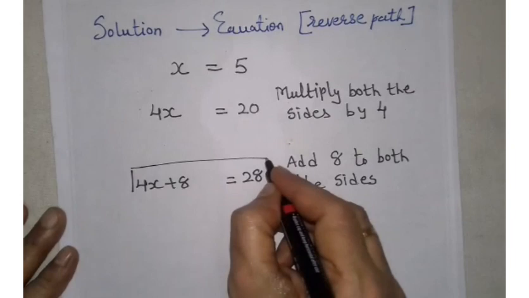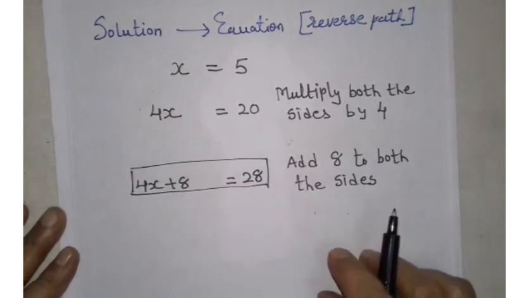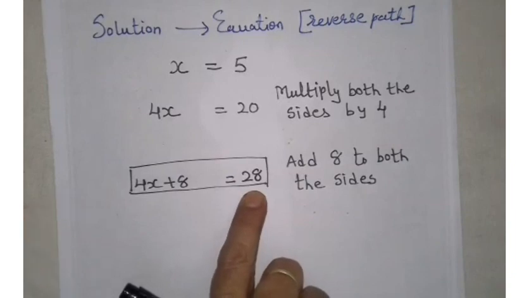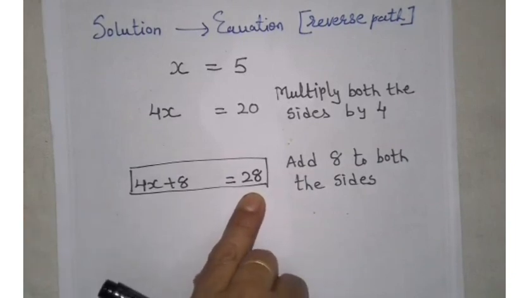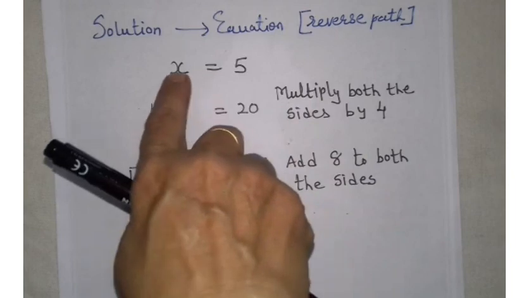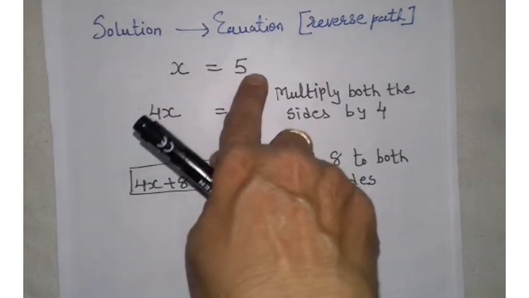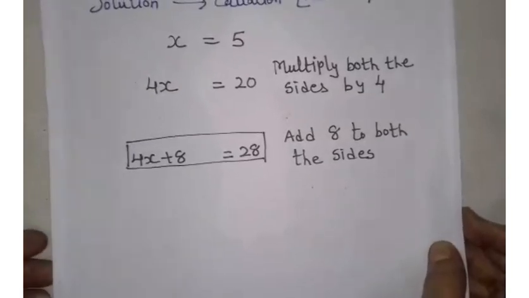So this is our equation: 4x plus 8 is equal to 28. Clear, children? Understood? Now let us find out whether the equation which we have formed gives the value x is equal to 5. Let us solve it and then we will come to know.